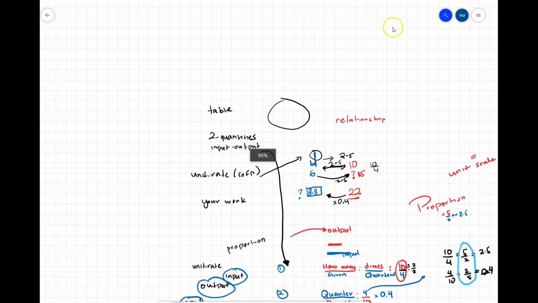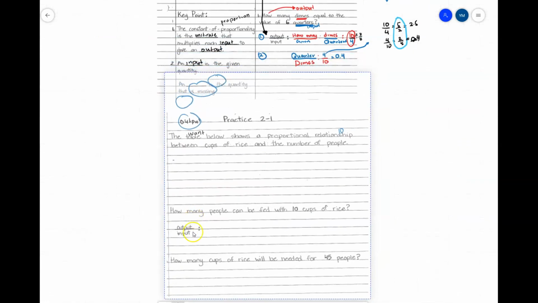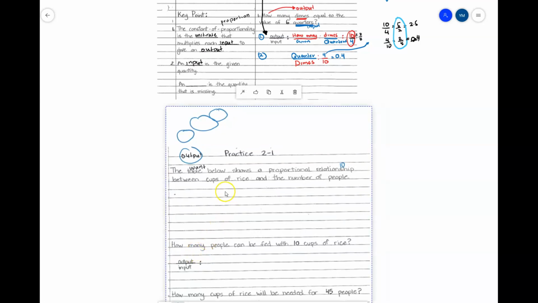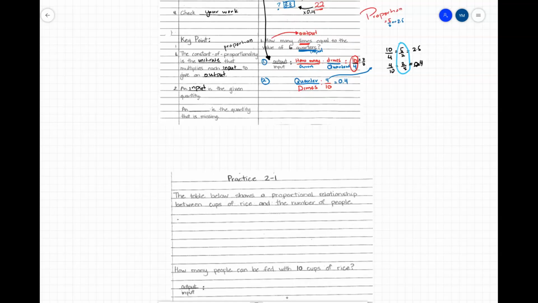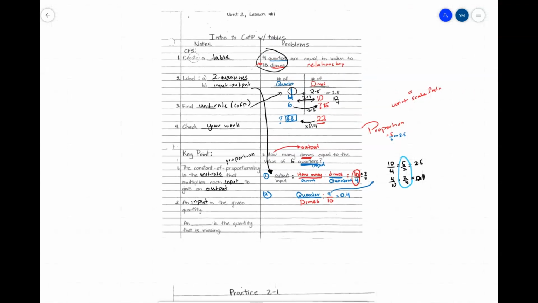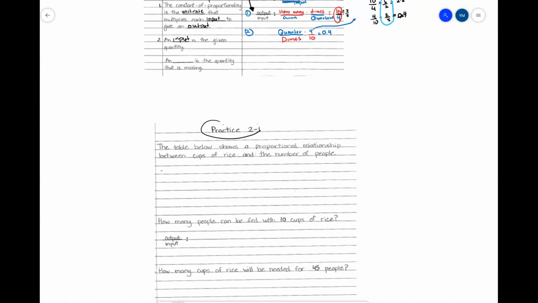Please keep in mind that I messed this one up because I moved my drawing by accident. But please make sure that after you finish this, you practice the problems on page number 11. Please follow the instructions and see how well you do. Please make sure that you follow the criteria for success, which is right here, and have a right plan to work with the problem. And then please go on Google Classroom and check your answer.